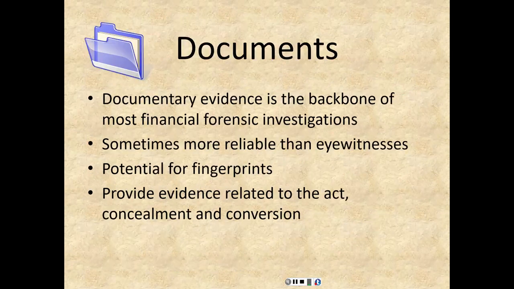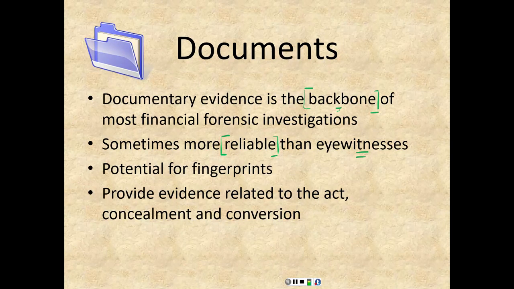So the first one, we're going to talk a little bit about each one of these. Documentary evidence, notice it's the backbone of investigations. What do the documents say? Invariably, there's a document somewhere that proves something happened, whether it was money being transferred, or money being shuttled through to the wrong account. Sometimes it's more reliable than eyewitnesses. With eyewitness accounts, you think you saw something, but you're not 100% sure.